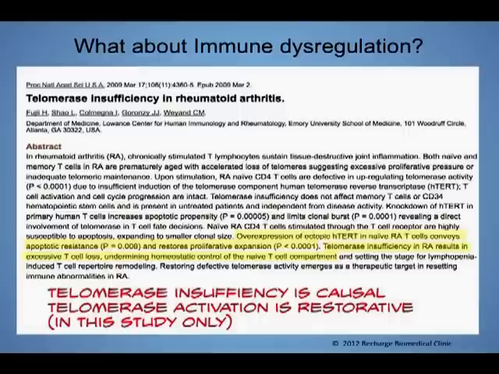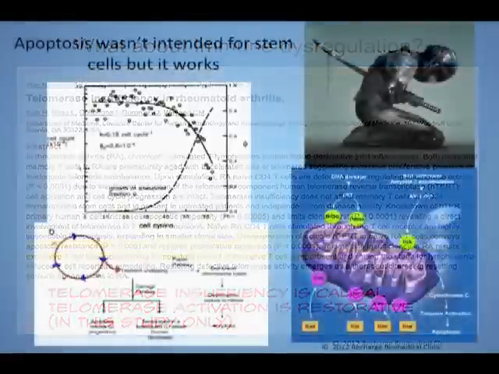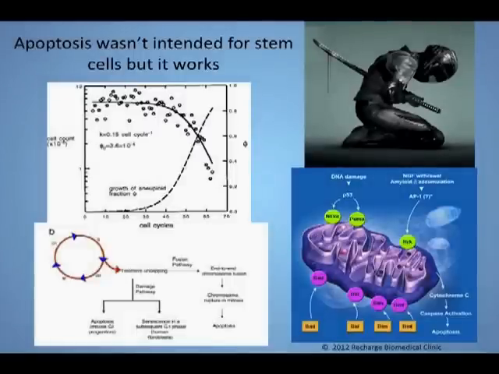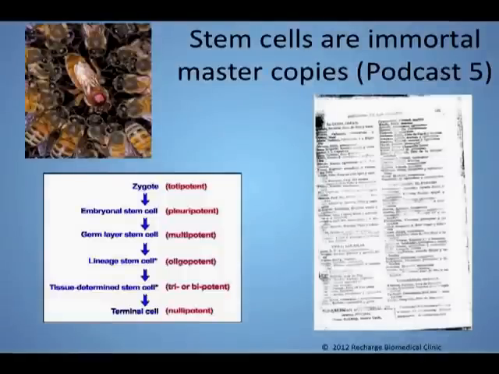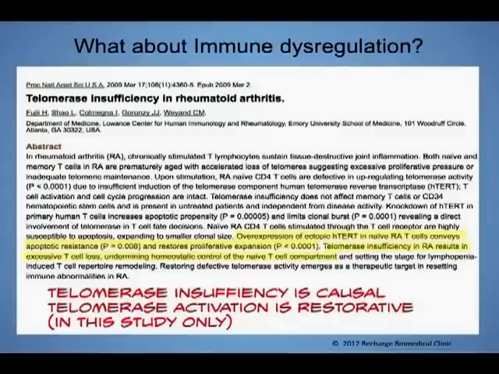So they found that when you knock out telomerase activity, this increases apoptosis, which you understand why, and limits the ability of the stem cell, that's a clonal burst, or a queen bee, to replenish the damaged cartilage. And they suggest a direct involvement of telomerase in the deterioration of the T cells. Both they're saying in the T cells, because rheumatoid arthritis is, keep in mind, mainly an immune disease, not a cartilage disease.